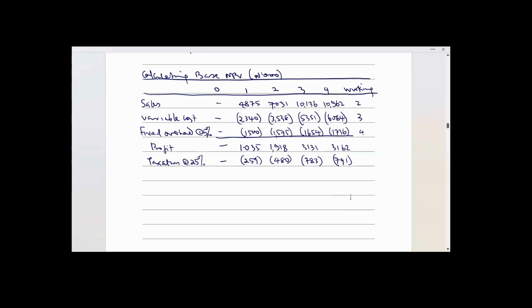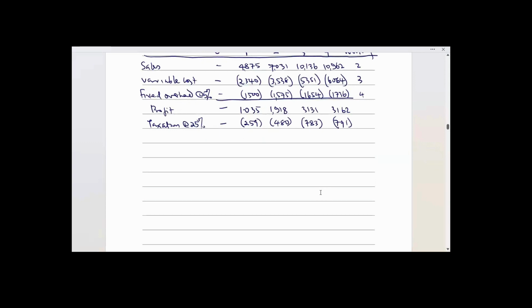So let's move on to the next one. Immediately after your tax, you need to consider tax saved on capital allowance. Let's go back to the question. How are we going to claim capital allowance?